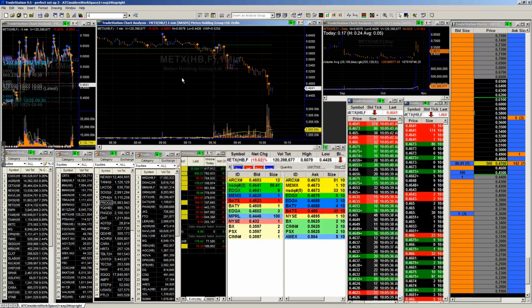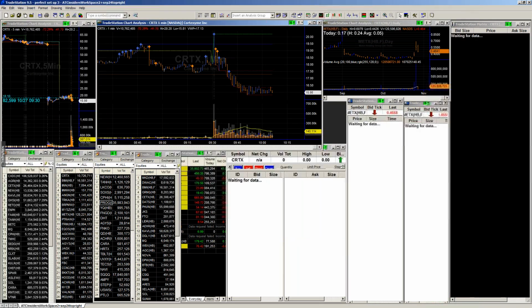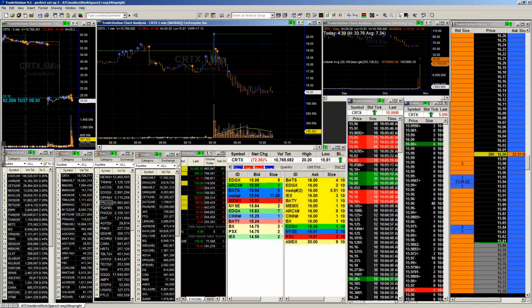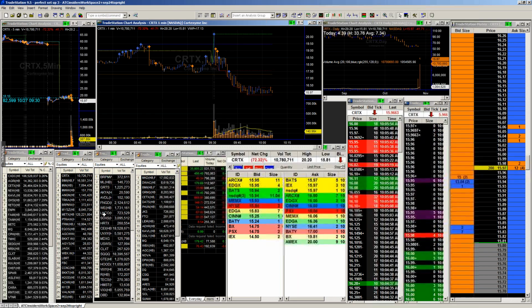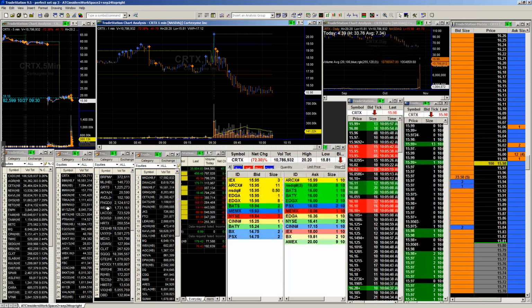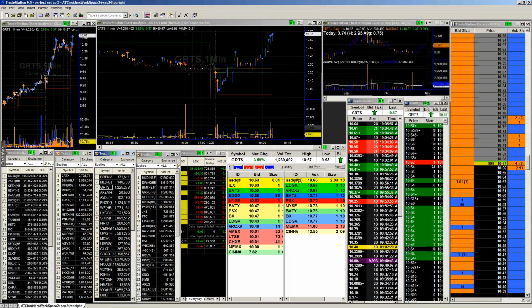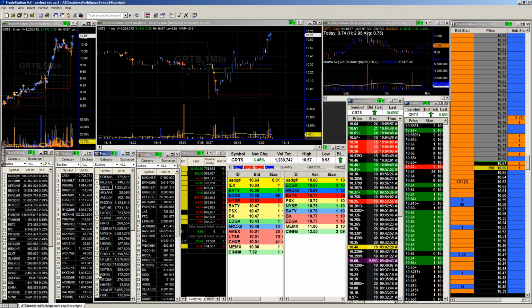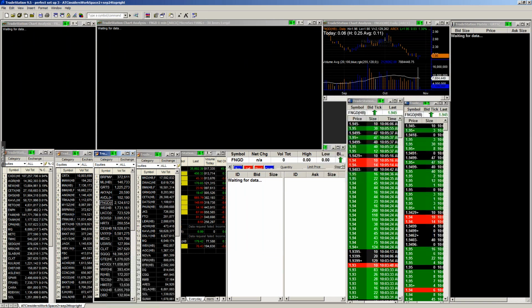CRTX is still in this consolidation thing. Even though it's got great prints at 16, there's just no real trade to be able to take here. Ready for a party? Chart would have been decent, but the volume is just not even close to acceptable.